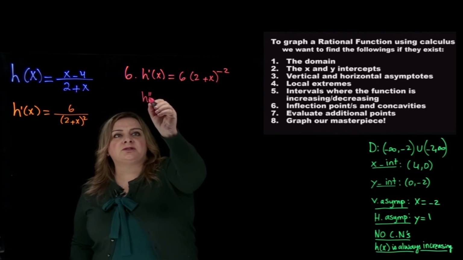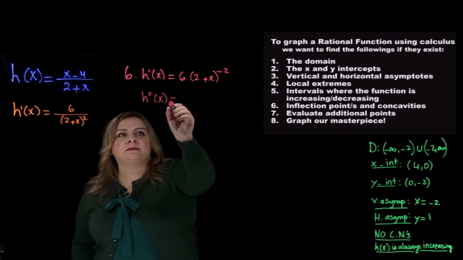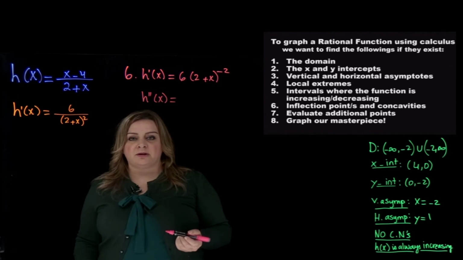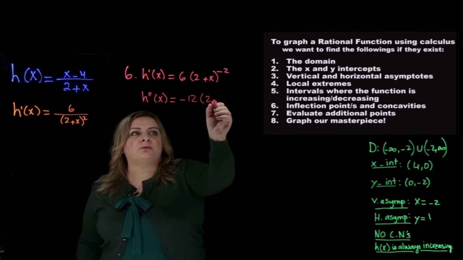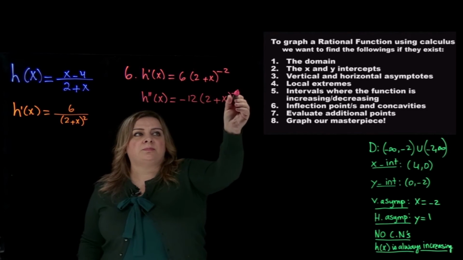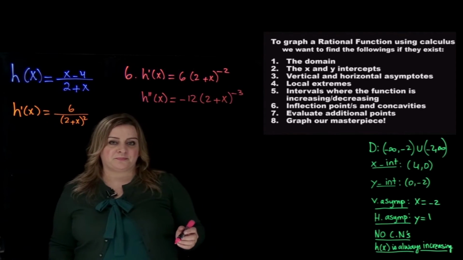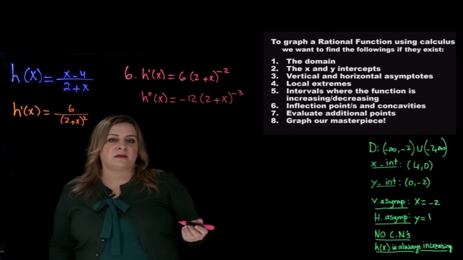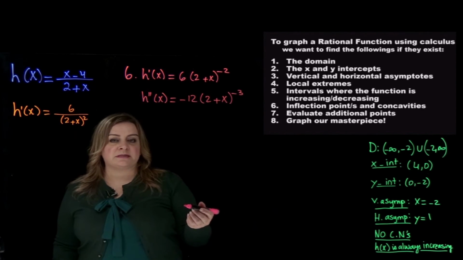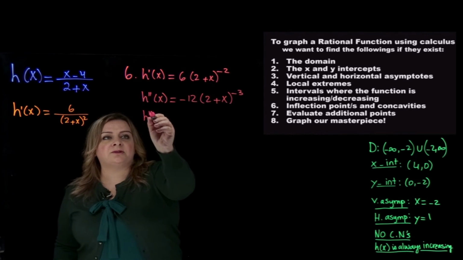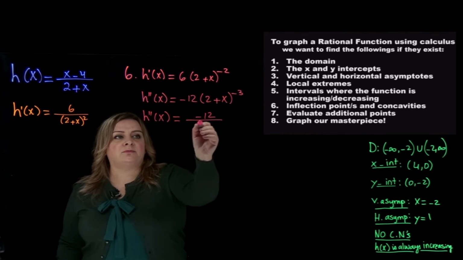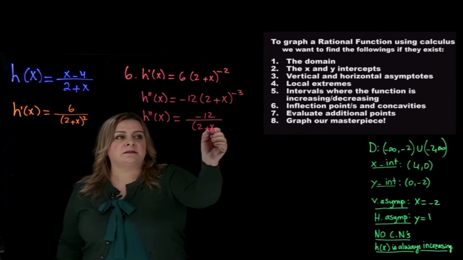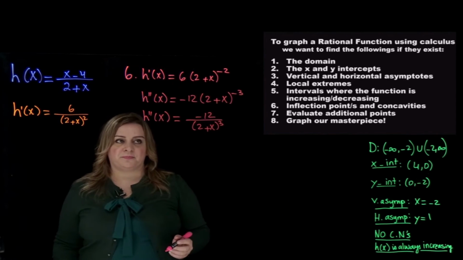Now computing h double prime of x, applying the chain rule for derivatives, we will have negative 12 times 2 plus x raised to the power of negative 3. I want to rewrite h double prime of x with a positive exponent, and that will be h double prime of x equals negative 12 over 2 plus x to the third power.